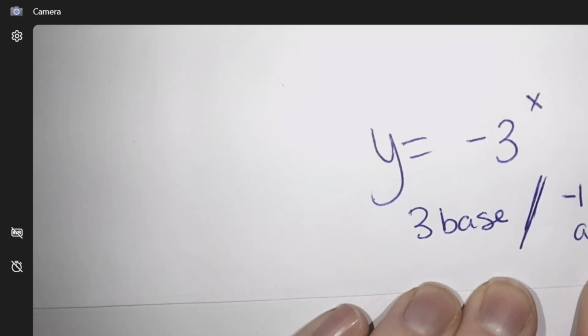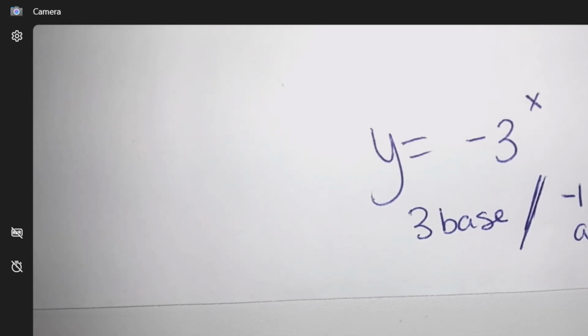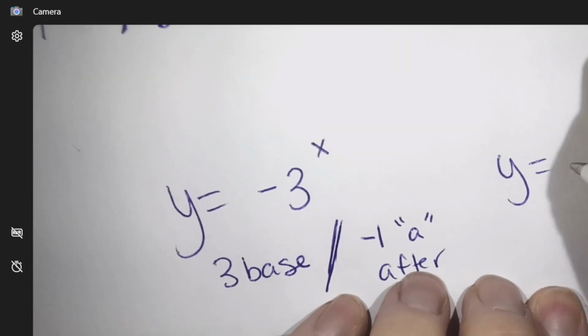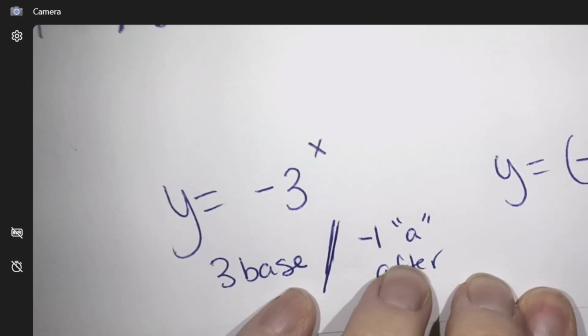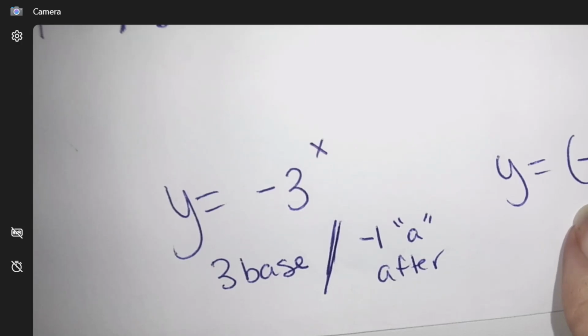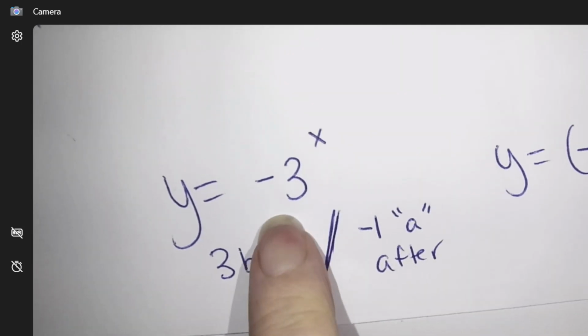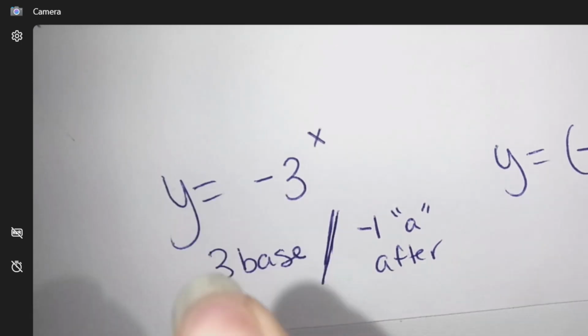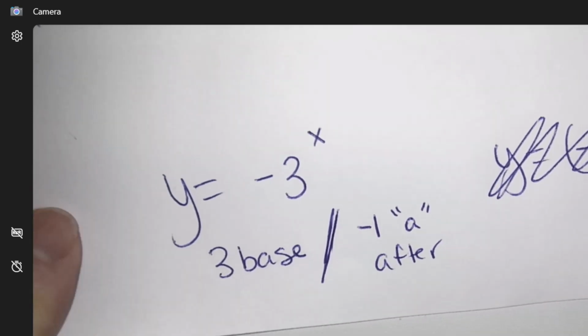The -1 is doing an A thing after. Do you see the difference? Versus this, which has a base of -3. I don't think you ever see negative bases, so don't worry about it. But I wanted to make sure you understood the negative is not involved with the base. It's the after transformation, so do it after. You're good at that idea?